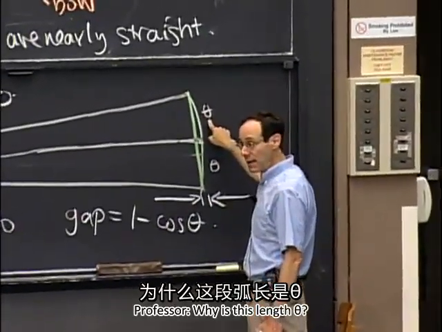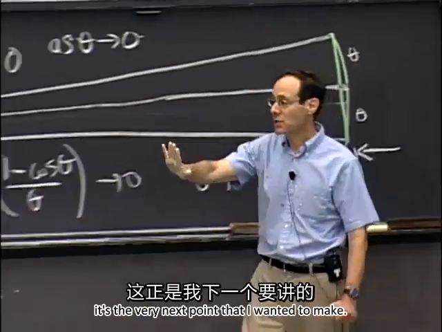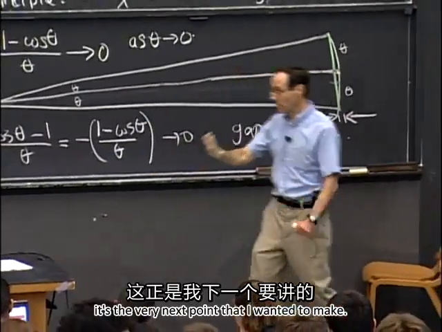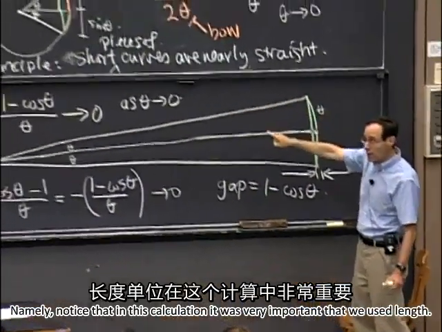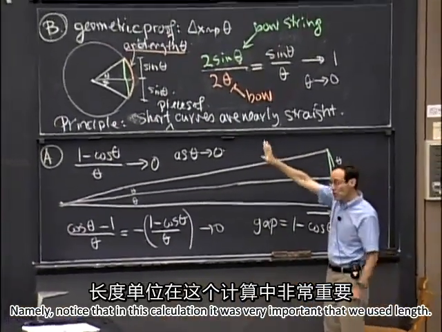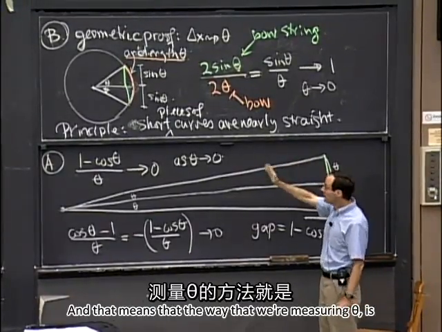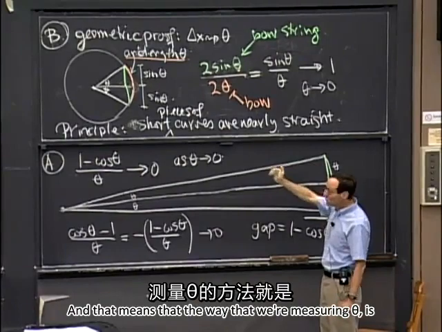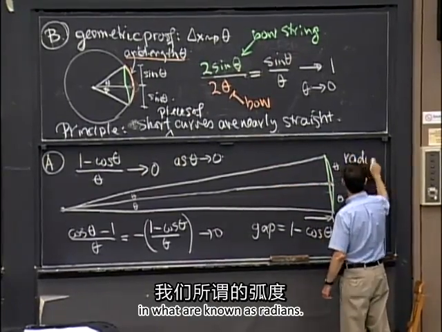Why is this length theta? Okay, so this is a very important point, and in fact, it's the very next point that I wanted to make. Namely, notice that in this calculation, it was very important that we used length. And that means that the way that we're measuring theta is in what are known as radians.